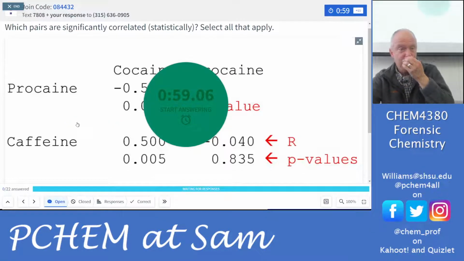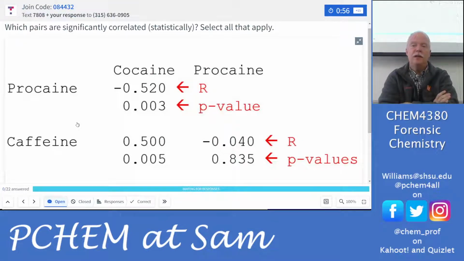So looking at this figure, which pairs are significantly correlated? Select all that apply. If you can, I'm not sure if you can. So if you can only select one, pick your favorite. Let me know, can you select more than one? Do you have checkboxes or only just one radio button? Just one, okay. That's too disappointing.